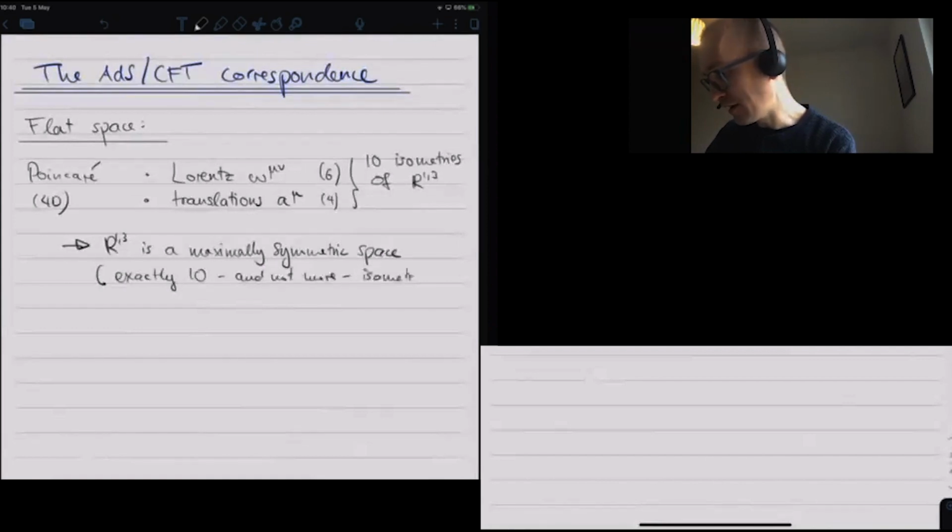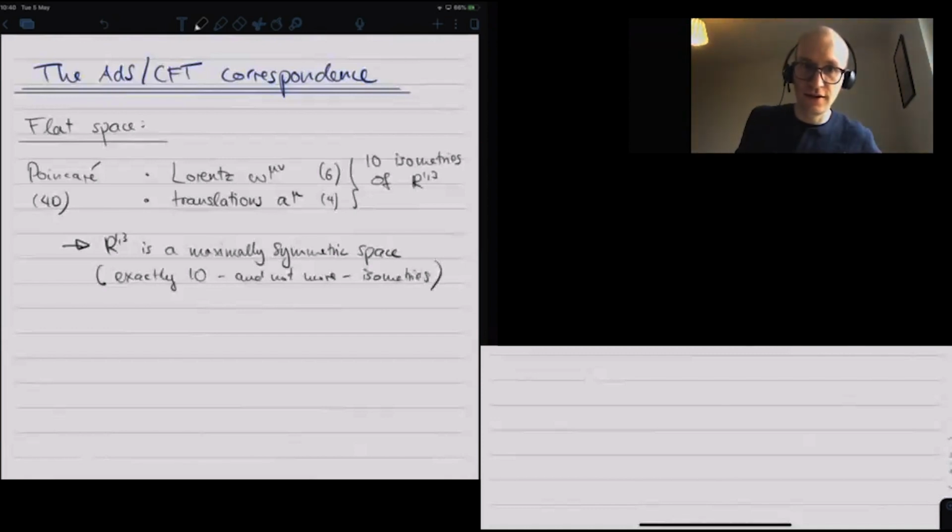So what we have is a geometric action of our symmetries, namely Poincaré, as all of the isometries of a certain space, namely Minkowski space. So Minkowski space is in some sense the geometrization of Poincaré transformations, which is something that you know, of course.